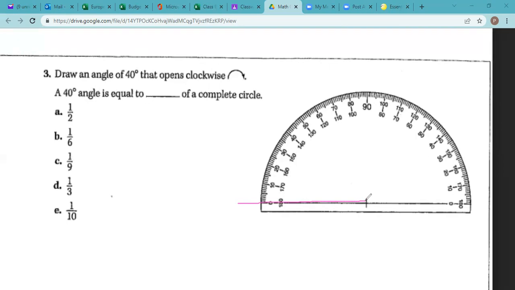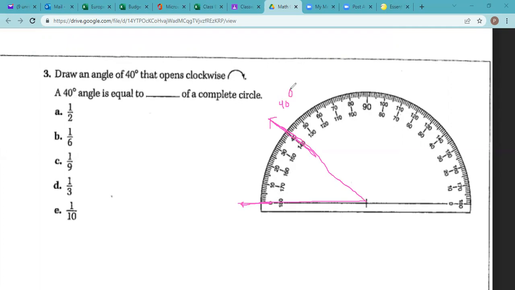All right, and we're gonna go up to where the 40 degrees is. So if we're starting over to the left, we're looking at the outside numbers. So when I draw my other leg, I'm gonna draw it this way right here. It's not exactly on the 40, but there we go. Plus, we know that 40 degrees is an acute angle. As we glance at this, yep, we got an acute angle, looks good.